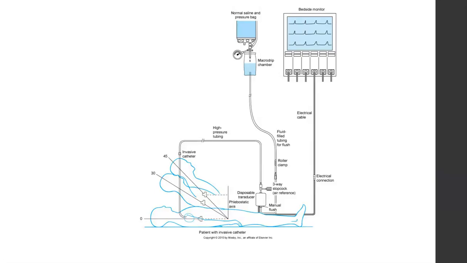Our flush system helps to maintain patency of the fluid-filled system and the catheter, and then our bedside monitor contains the amplifier with the recorder, and this increases the volume of the electrical signal and displays it on the screen for us to see in millimeters of mercury.